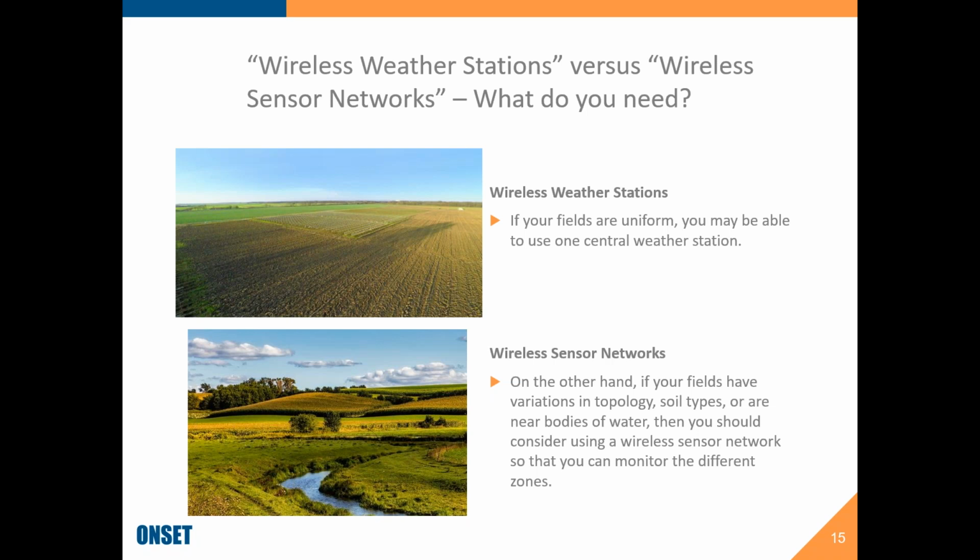So that's the one case. On the other hand, if you get a situation more like the bottom picture, where you've got some hills, you might have some bodies of water, you've got variations in soil types. In these cases, you're more likely to need a wireless sensor network so that you can monitor the different zones. So you can have sensors in each of those different zones.